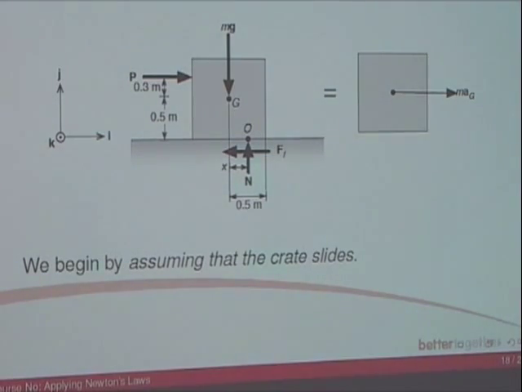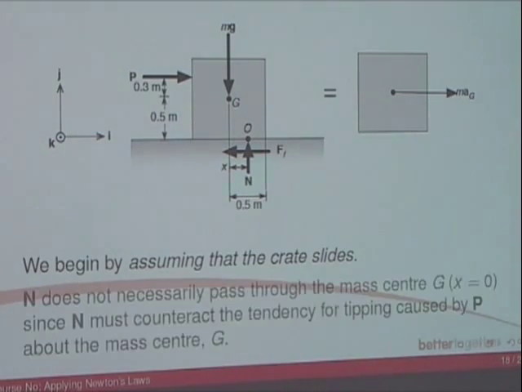We're going to assume it doesn't topple. So we're making the assumption that this reaction force N is counteracting P, so that the moment being applied by P around the centre of gravity is being counteracted by the force N, which is in the opposite direction around that centre of gravity. That's why N doesn't necessarily pass through the mass centre.